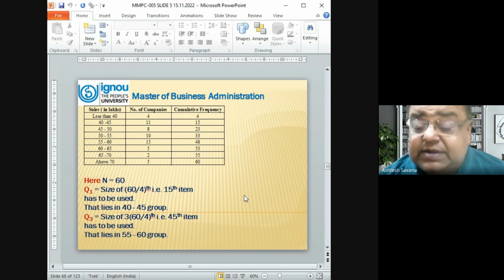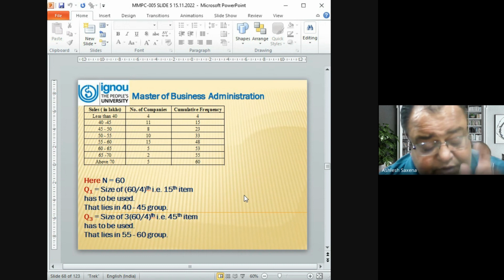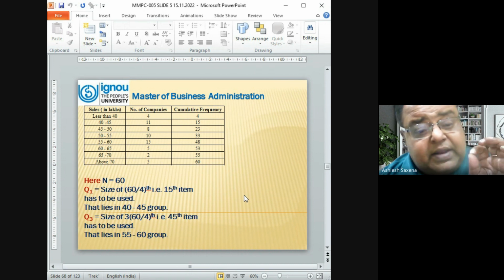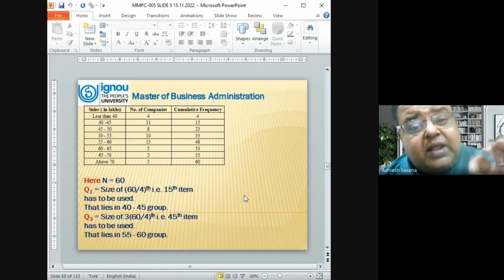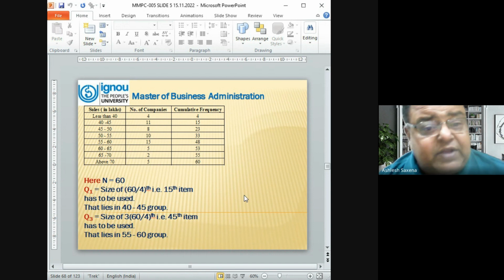Your n is 60, 60 by 4 is 15. In the cumulative frequency column, find a number as 15 or greater than 15. You have 15 over there in the second row. That means your group will be 40 to 45.